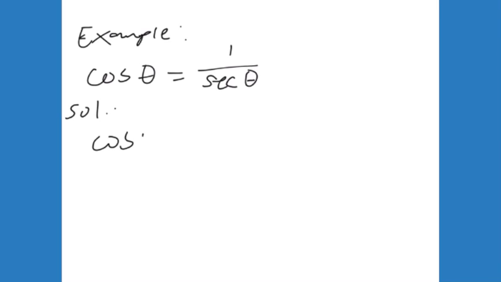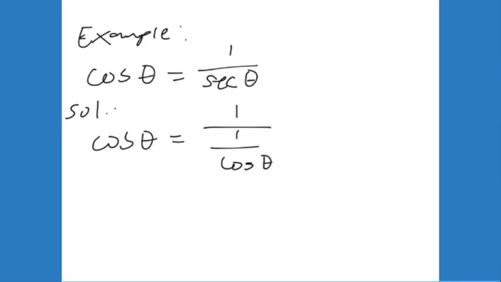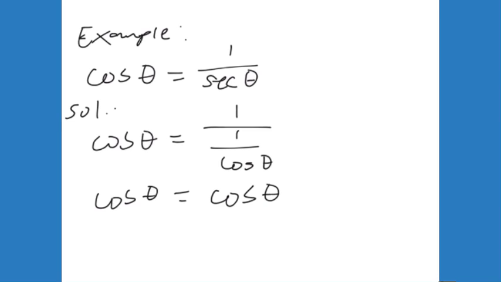Then cosine theta is equal to 1 over secant theta; instead of using secant theta, we use 1 over cosine theta. Then get the reciprocal of the denominator. The reciprocal of 1 over cosine theta is cosine theta, and multiply it by 1. Therefore, we have cosine theta.